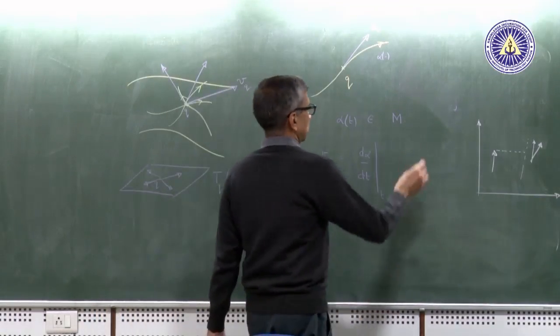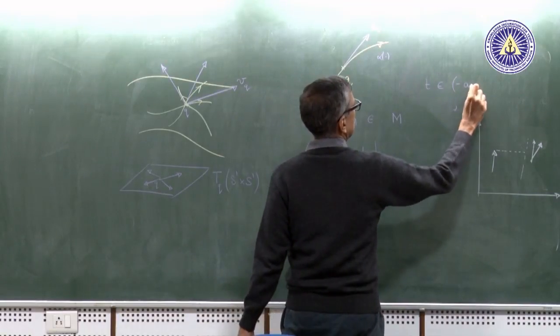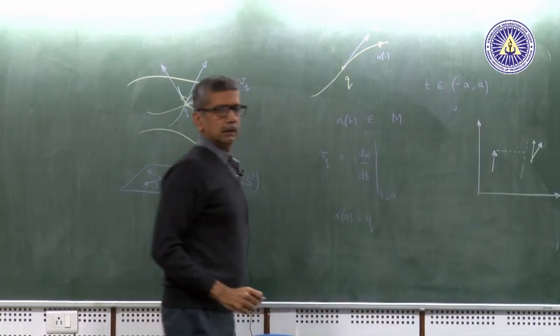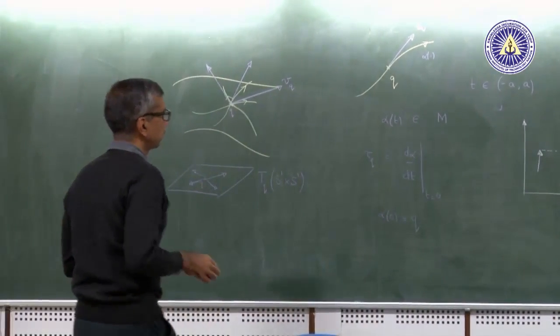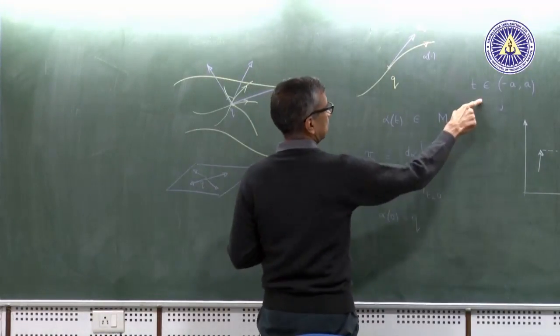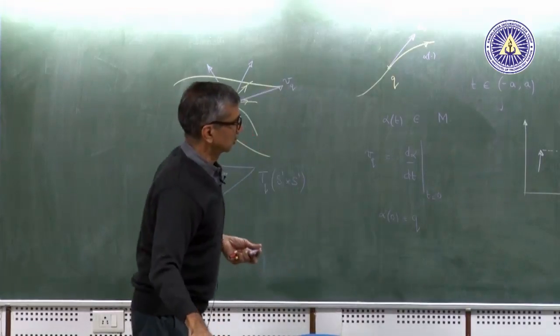So if t takes some values in some interval minus a to a, the negative is just to keep notation simple. This velocity vector is d alpha by dt at t equals 0.